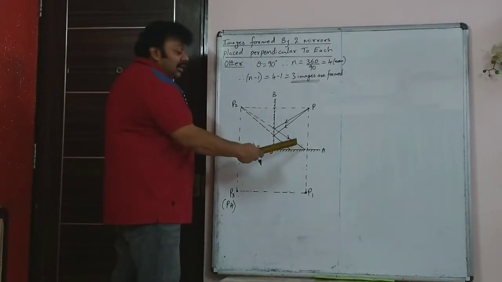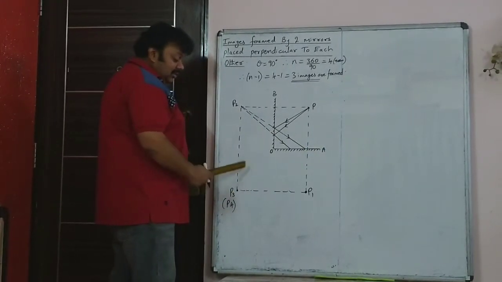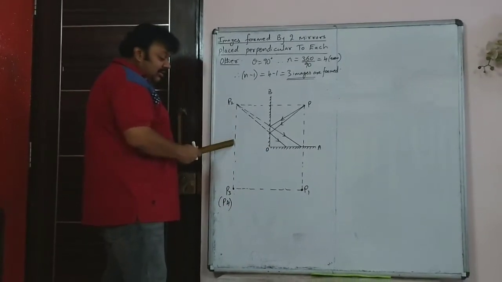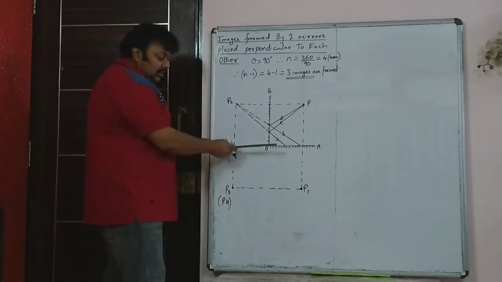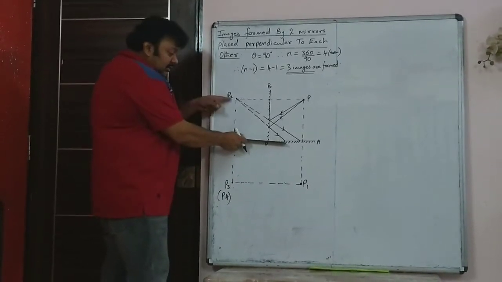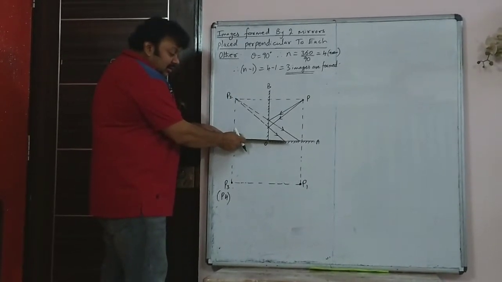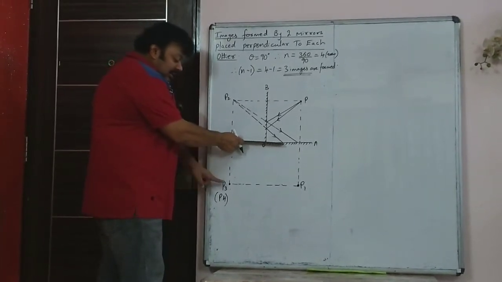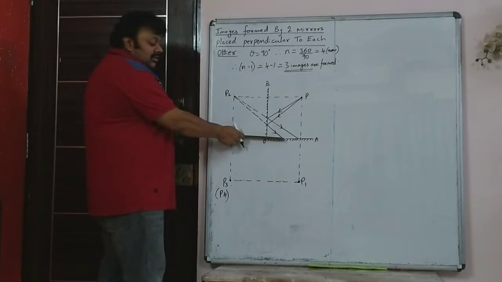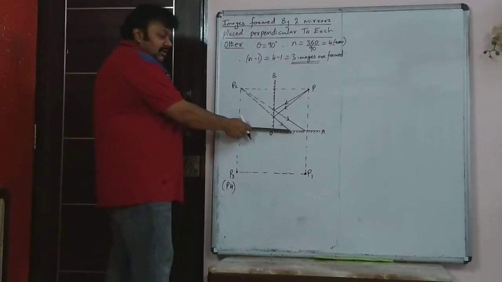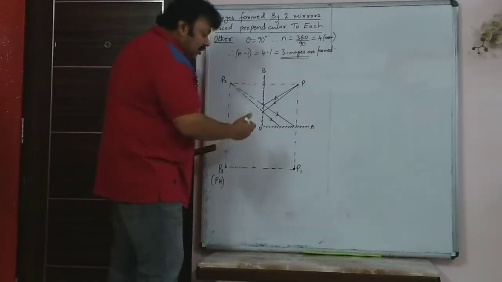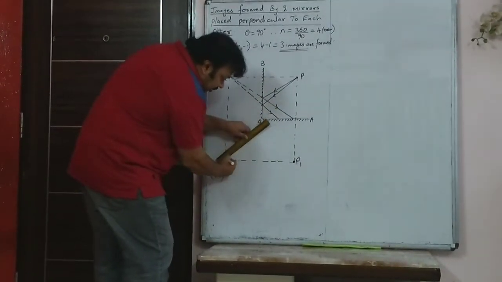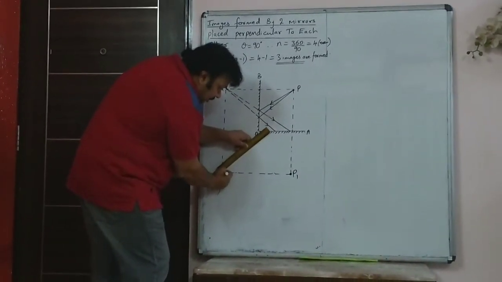And its image will be formed at P3. That is, when this is extended, this distance and this distance is equal. The distance of P2 from this line extended and the distance below, that is from the line to P3, those distances will be the same. So now when you draw the reflected rays, those reflected rays should appear to come from P3.